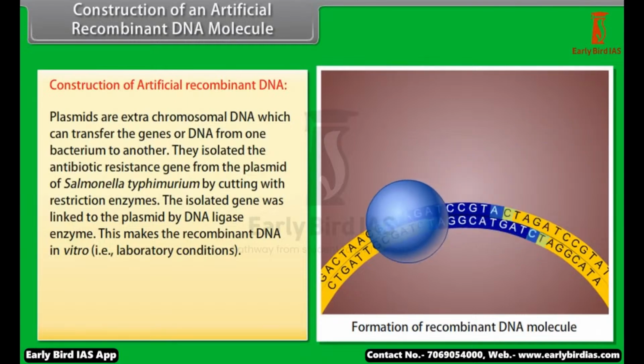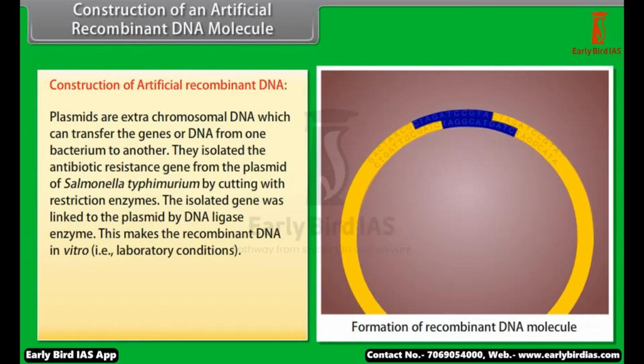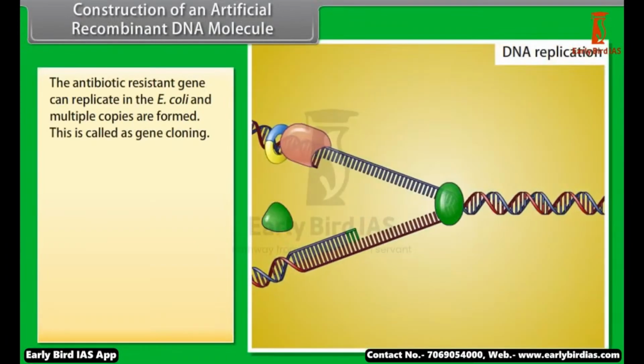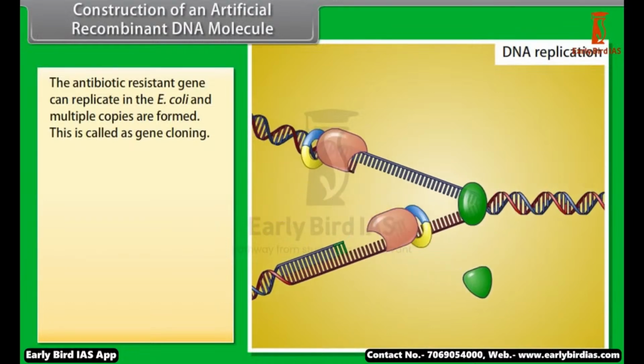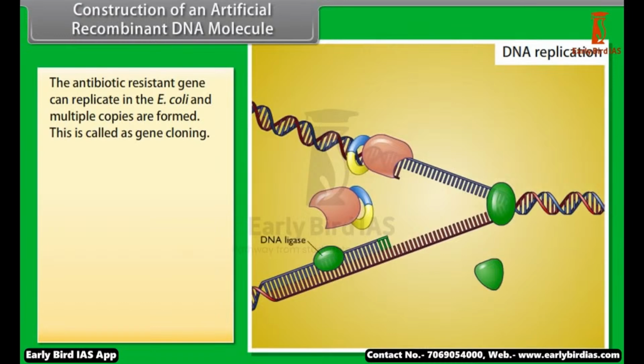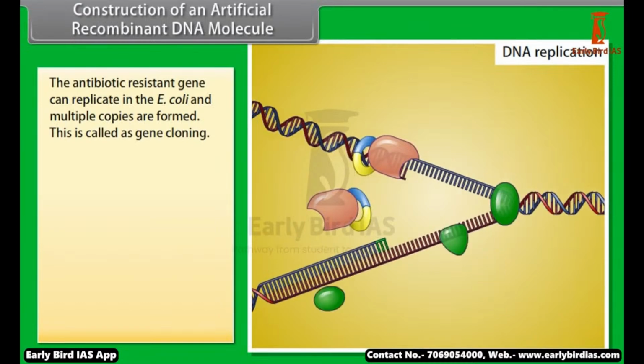This makes the recombinant DNA in vitro, that is, in laboratory conditions. This recombinant DNA was transferred to the bacteria Escherichia coli, closely related to Salmonella. The antibiotic resistance gene can replicate in the E. coli and multiple copies are formed.